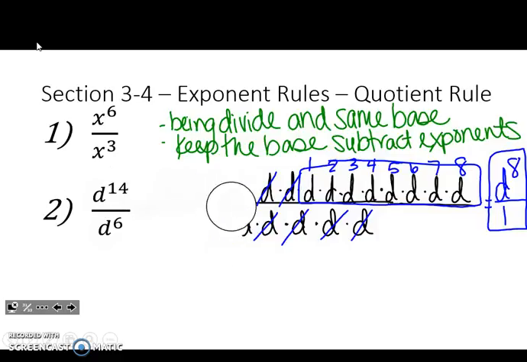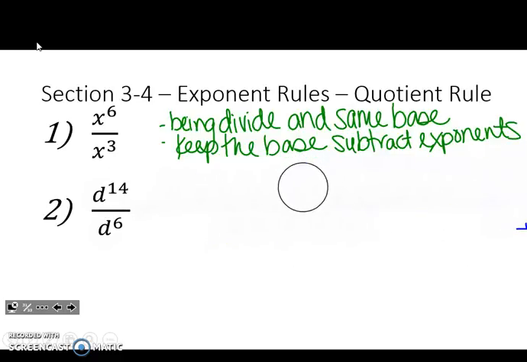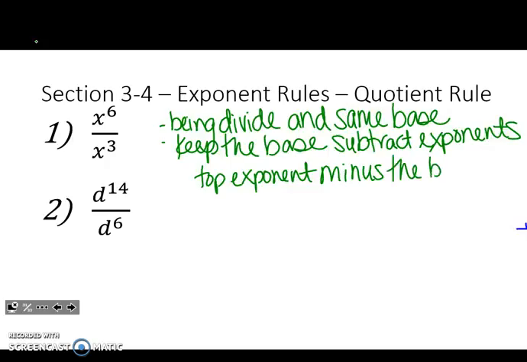And when we subtract the exponents, we're going to subtract the top exponent minus the bottom exponent.